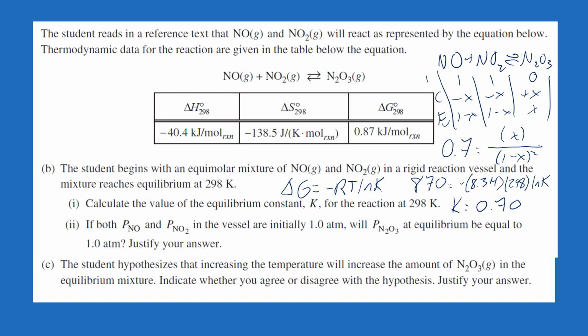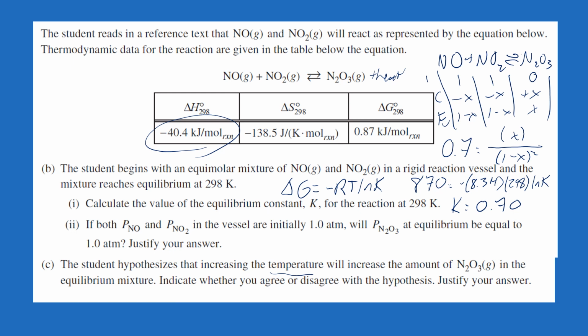Okay, for part C, a student hypothesized that increasing the temperature will increase the amount of N2O3 in the equilibrium mixture. Indicate whether you agree or disagree and justify. Changing the temperature on an equilibrium system, this is Le Chatelier's principle. This is a negative delta H, so it's exothermic. So we imagine the heat is being released as a product.